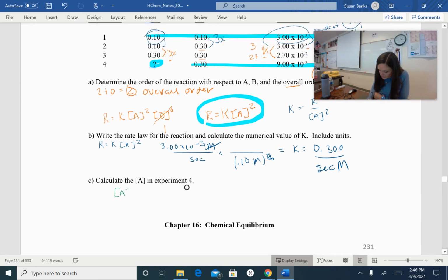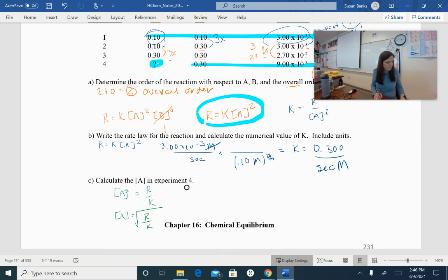So A squared, right, concentration of A squared is going to be equal to R over K. Do you guys agree with that? So that means the concentration of A is going to be the square root of R divided by K. Do you guys agree with that? Okay.